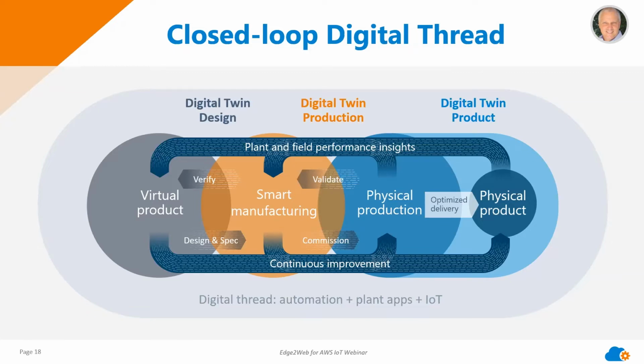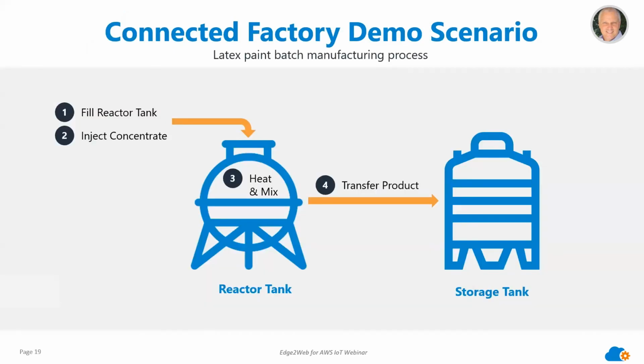Our demo will focus mainly on providing operational and performance insights for a simple process-based use case, the batch production of latex paint. Having said that, the goals and concepts we're going to see in the demo can be readily applied to many different continuous and discrete manufacturing scenarios.